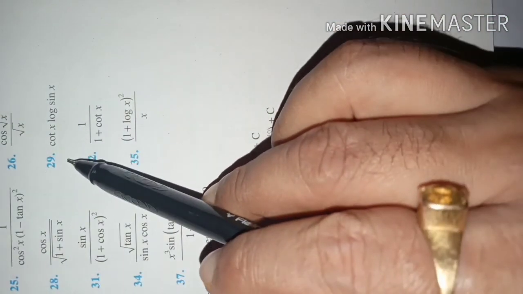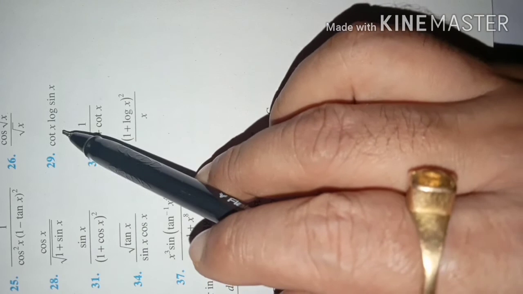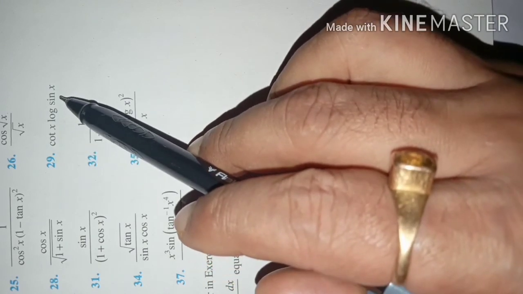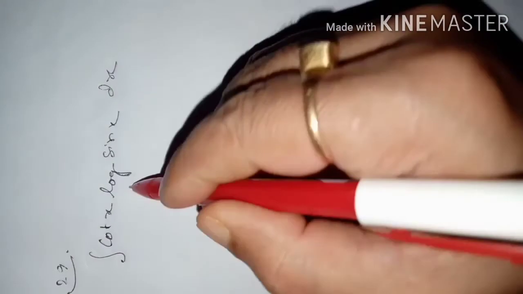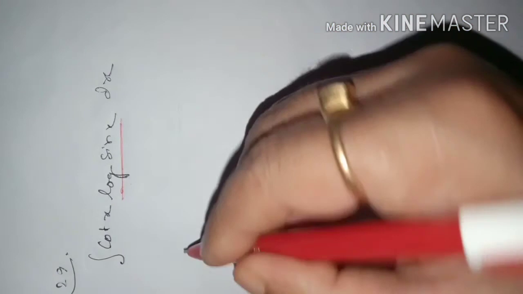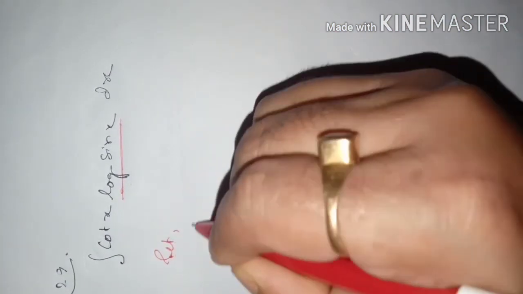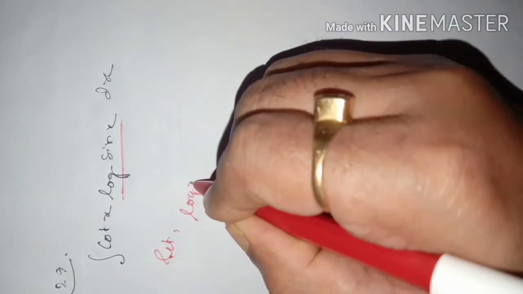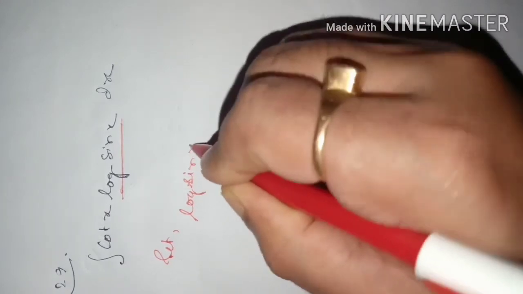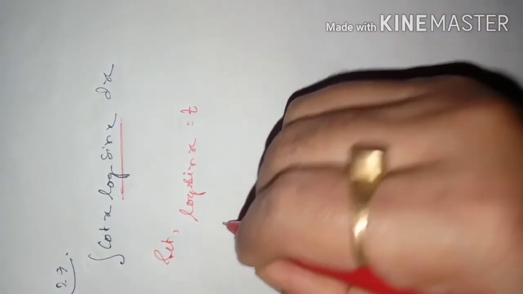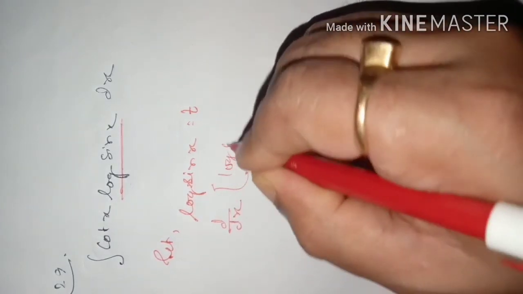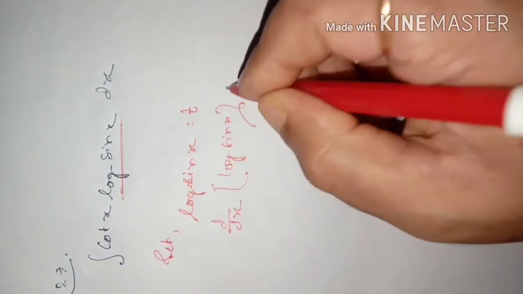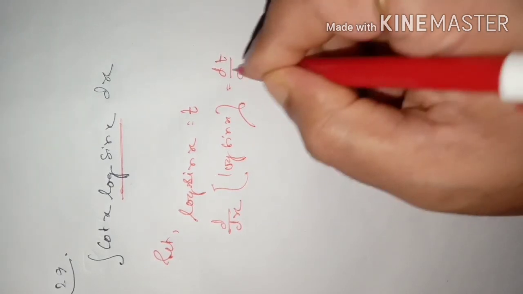Look at question number 29. It is cot x into log sin x. Okay, dear students. If we consider here this log sin x as t, suppose we substitute log sin x by t, then d by dx of log sin x is equal to dt on dx.